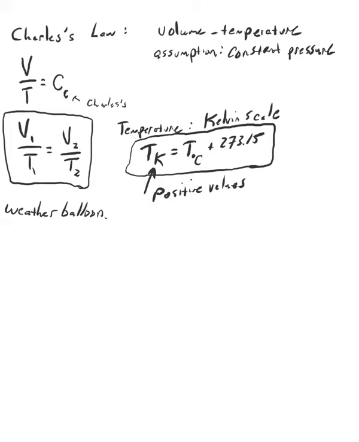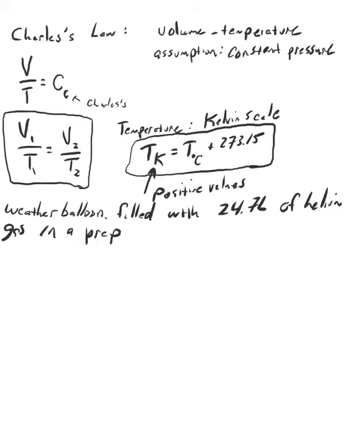It's kind of cool. So you've got a weather balloon filled with 24.7 liters of helium gas in a prep shed. Okay, so that means they're out in some little building, some little shed like on a farm, but they're in the Arctic for this particular problem.